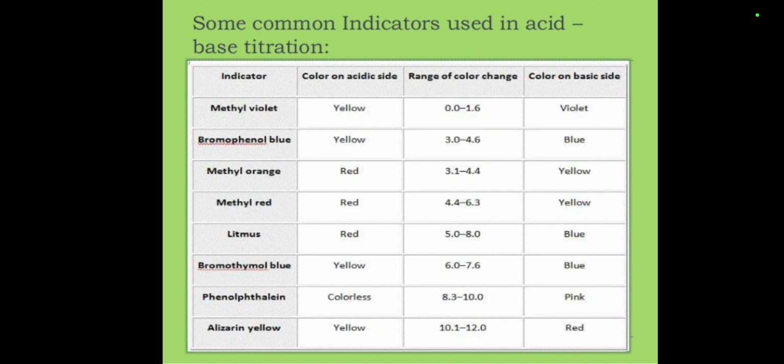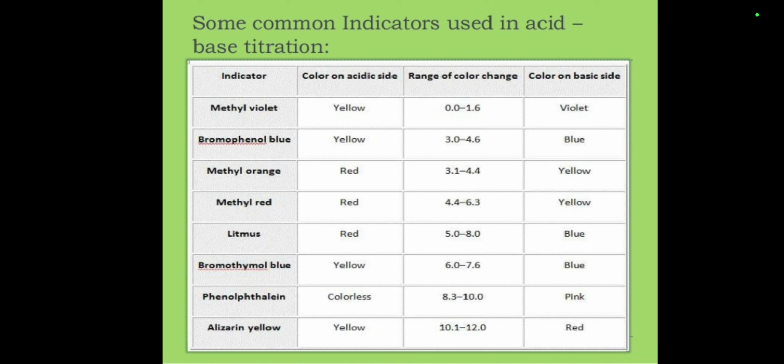So, some common indicators used in an acid-base titration. That's what I was saying a while ago, that we will also be knowing the indicators. Here in the acid-base titration, we have methyl violet, bromophenol blue, methyl orange, methyl red, litmus, bromothymol blue, phenolphthalein, and alizarin yellow.